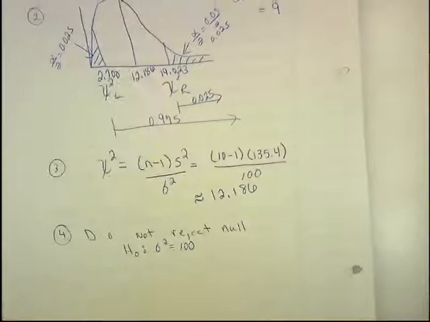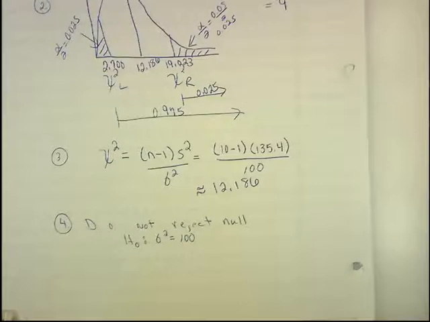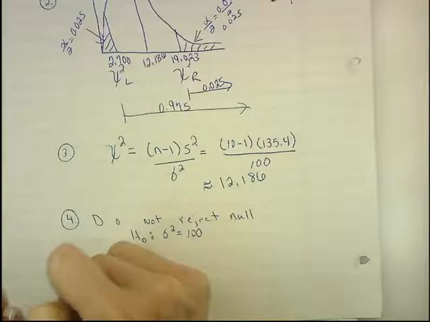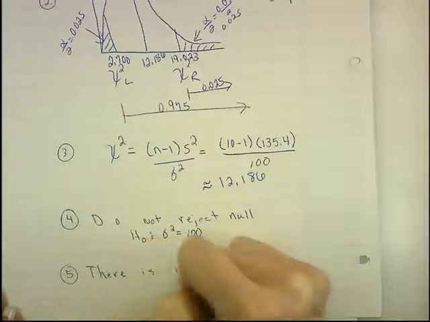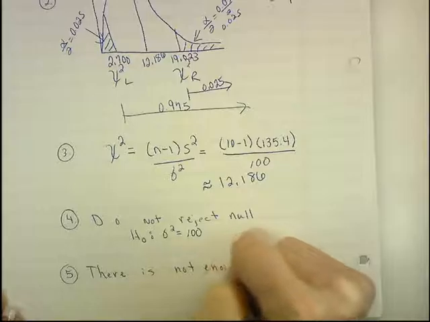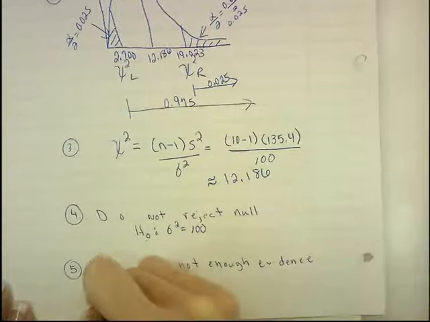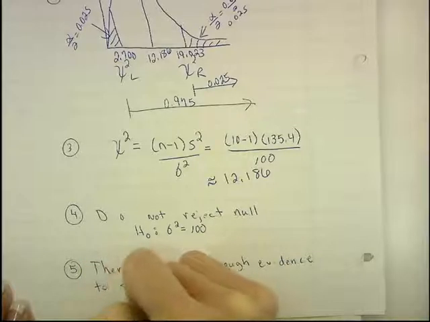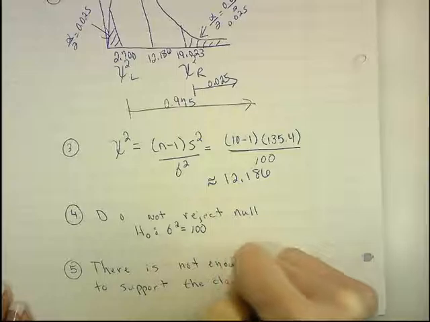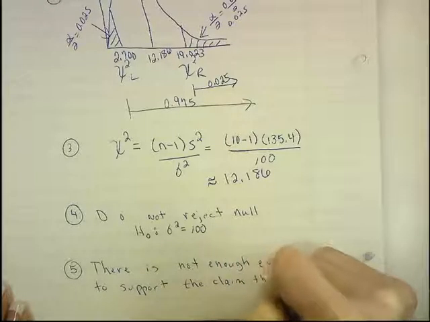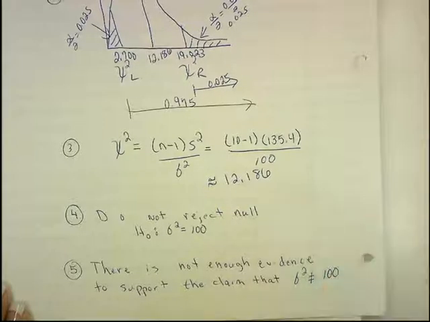If the claim is the alternative that said it differs from 100, and we do not reject the null statement that says it's equal to 100, there is not enough evidence to support the claim that variance differs from 100, no longer equals 100.